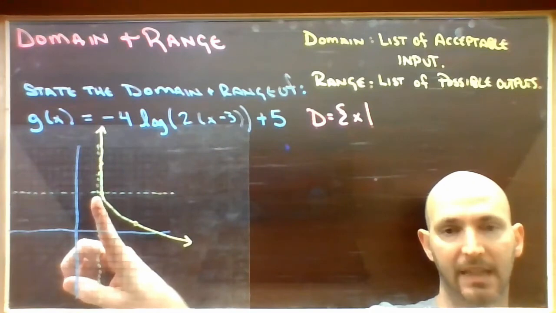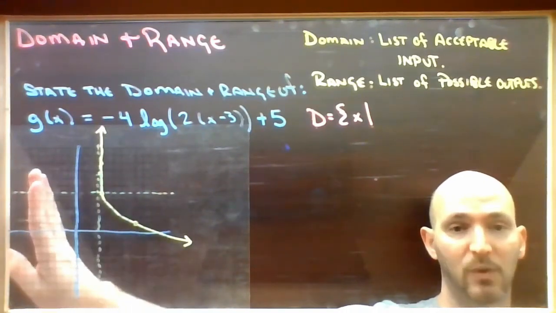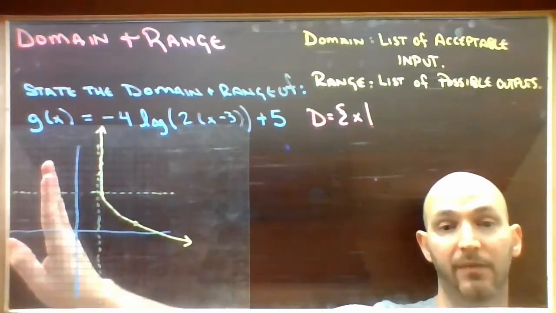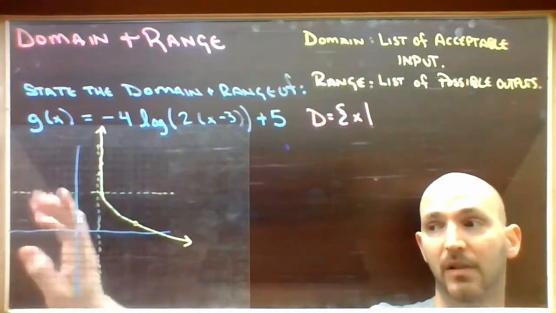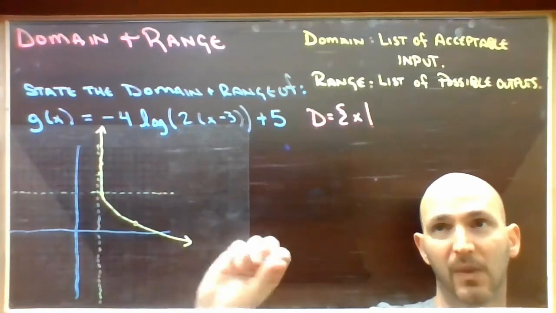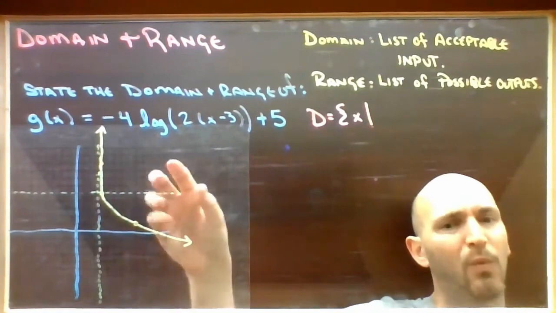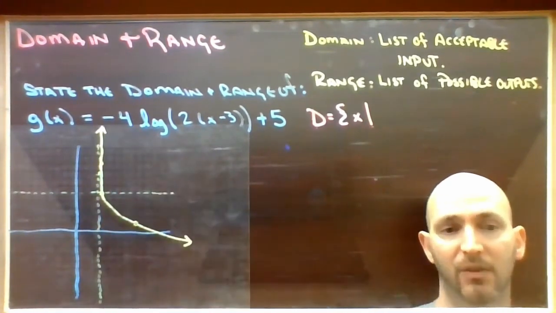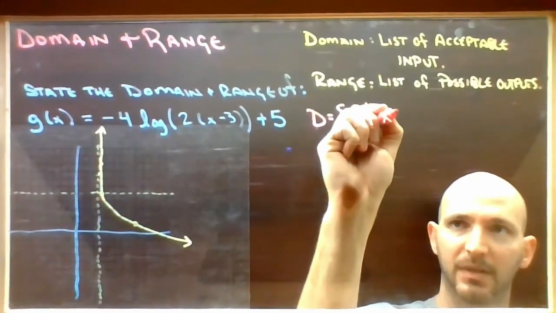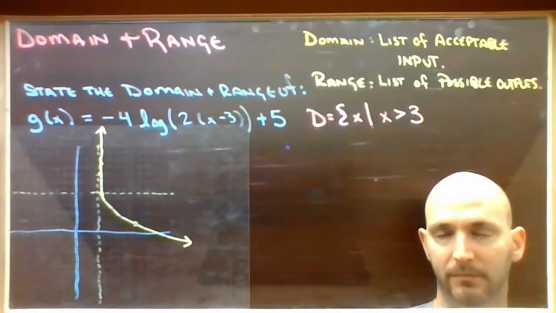But as soon as I hit this dotted green line here, my translated y-axis, it doesn't exist anymore. Once it hit this vertical asymptote, it stopped being a function. It doesn't exist below x is 3. So that's the restriction on my domain, that this thing only works for x values that are bigger than 3. So if I write that in there, x has to be greater than 3, because that's where I'm finding it.